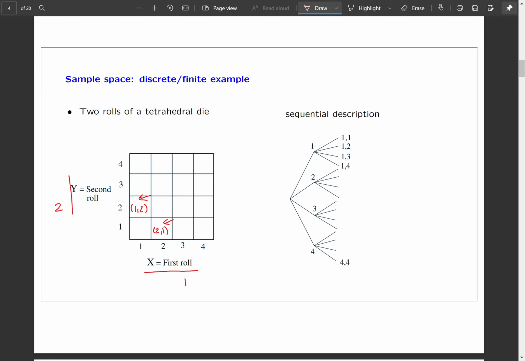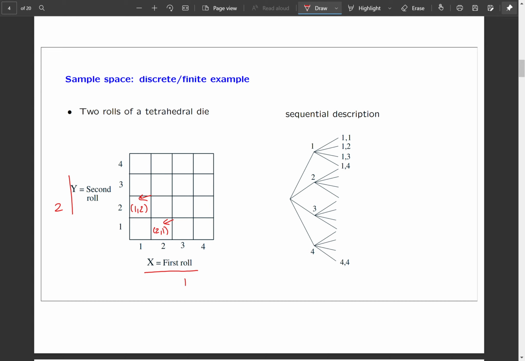Now, this experiment involves two different stages. The first stage is a trial of throwing the die the first time, and the second stage is a second trial of throwing the die the second time. And we know that whenever we have an experiment with different independent stages, it can be described by using a tree.